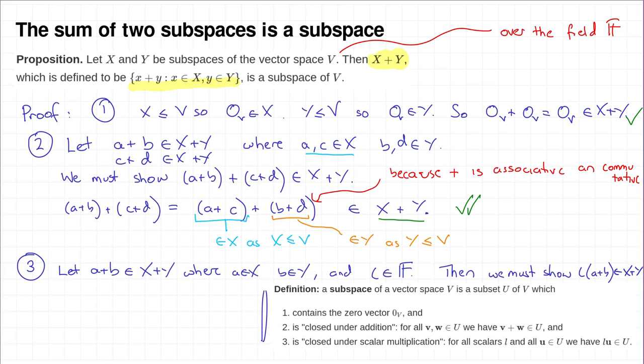Okay, to do that we use the vector space axioms. One of the vector space axioms said that there was a distributivity property, that you could multiply out brackets like this. So l times (a plus b) is equal to la plus lb by one of the vector space axioms. Now, l times a is in X, because X, being a subspace, is closed under scalar multiplication.